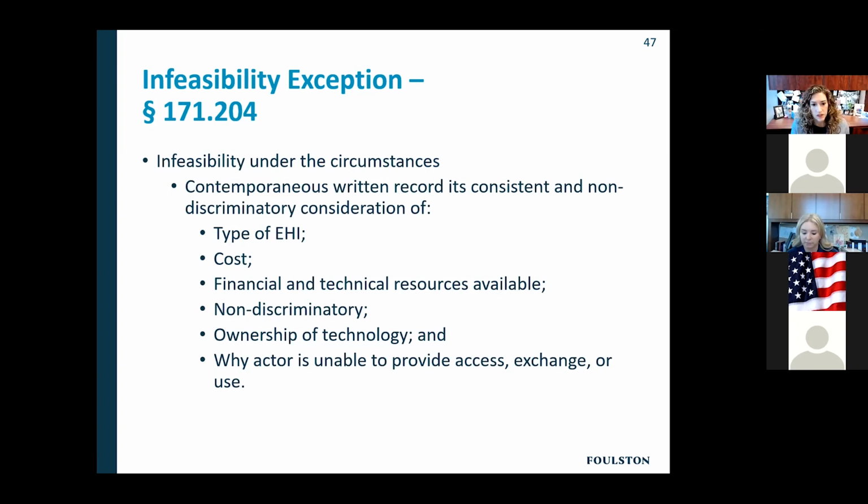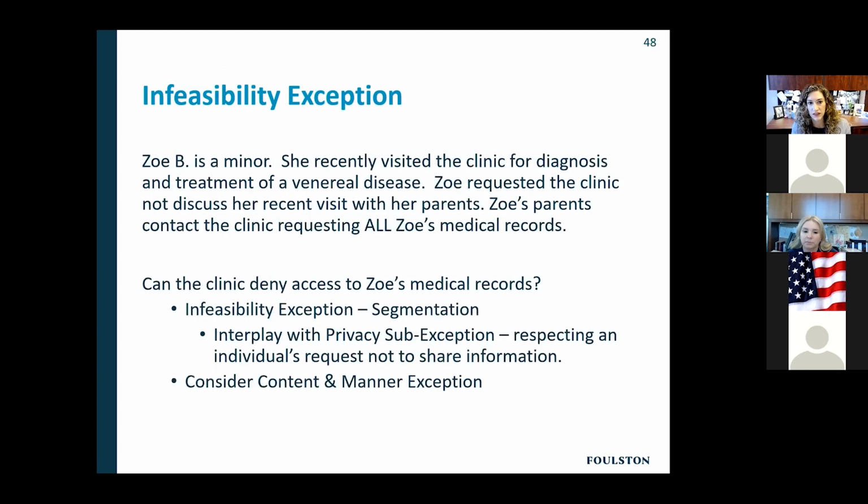And then who owns the technology? If you don't own the technology and cannot change how the export functions or what the features are, that may be a reason for infeasibility under this exception. But essentially, you want a contemporaneous written record of why you can't provide that access, exchange, or use, and that it was applied in a non-discriminatory manner to fall under this piece of the exception.